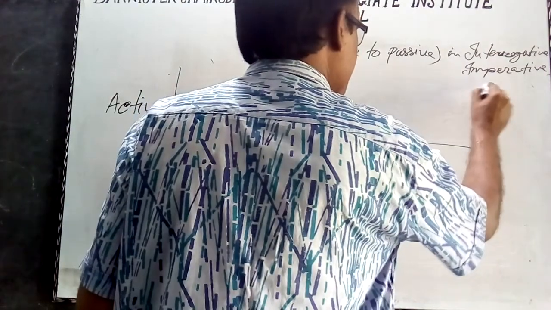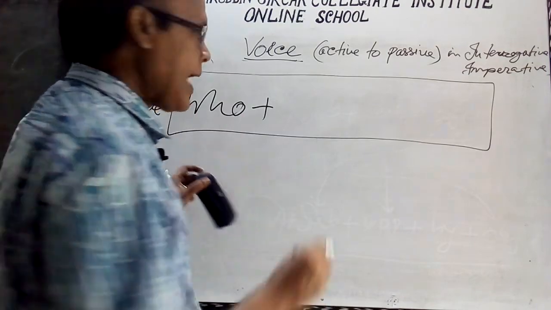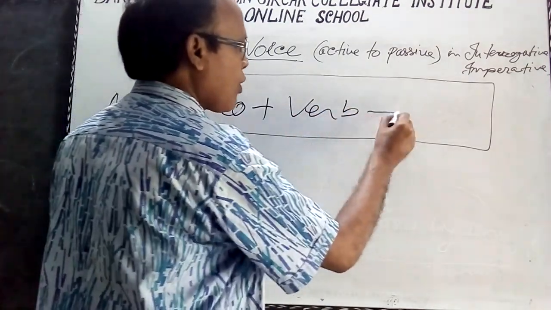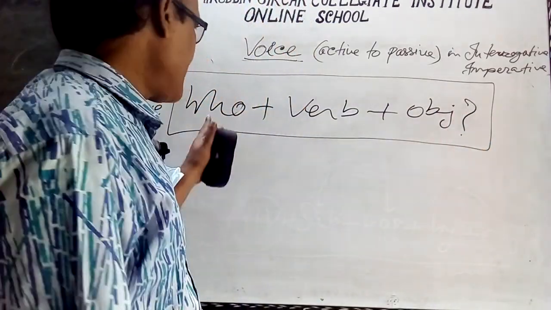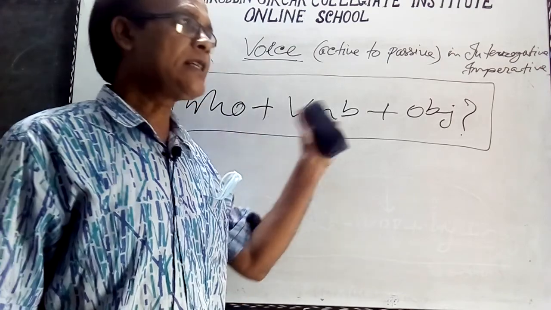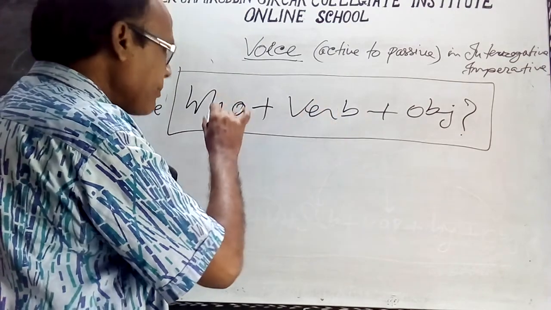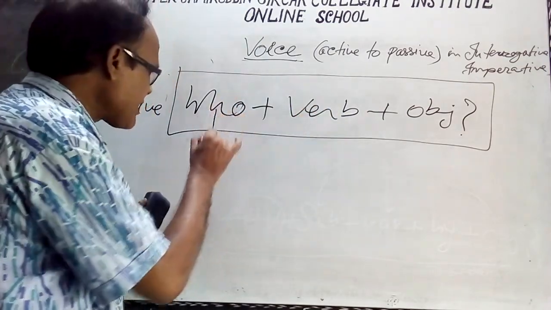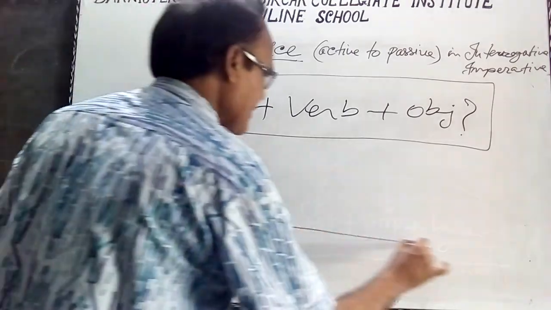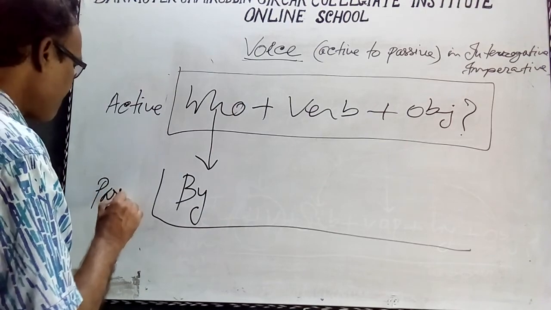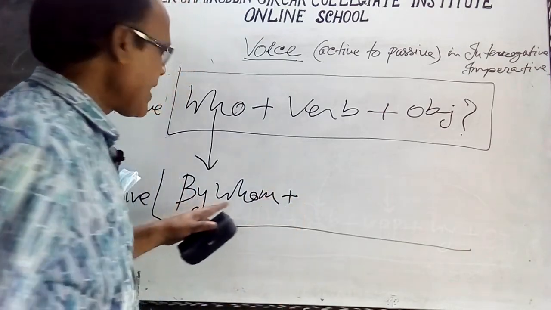Let's see another WH word. If the sentence begins with who, also a WH word, and then verb, object. This is an interrogative sentence, and the sentence begins with who, and this is active voice. So in this case, when the sentence begins with who, we must begin the passive sentence with by whom.